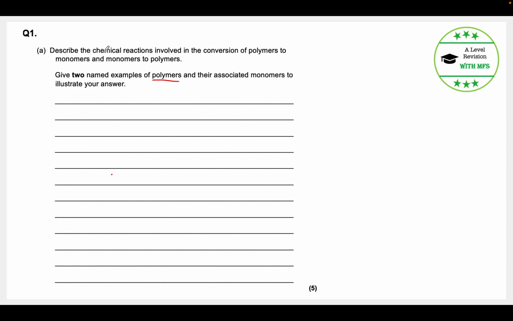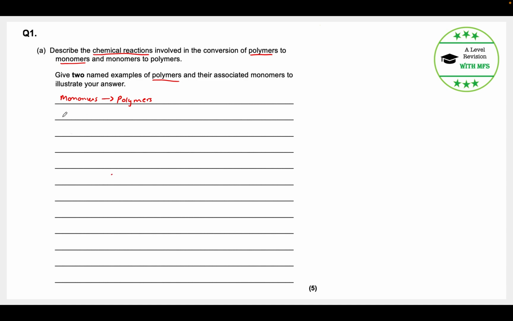So it says, describe the chemical reactions involved in the conversion of polymers to monomers and monomers to polymers. So when we're going from monomers to polymers, what's actually happening? Well, we have our reactants and we're producing our polymers. And that happens via a condensation reaction.